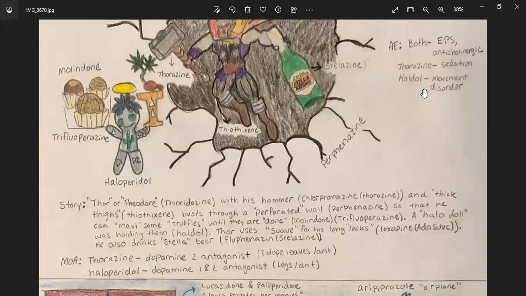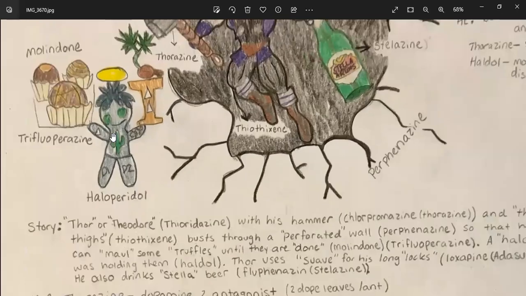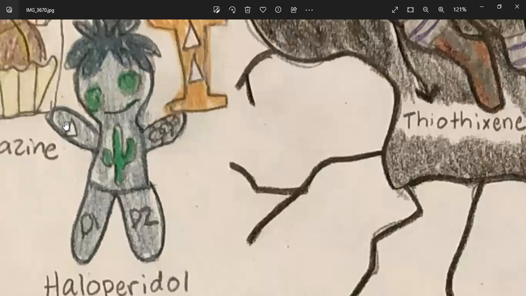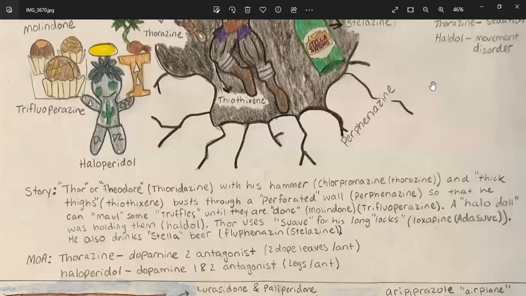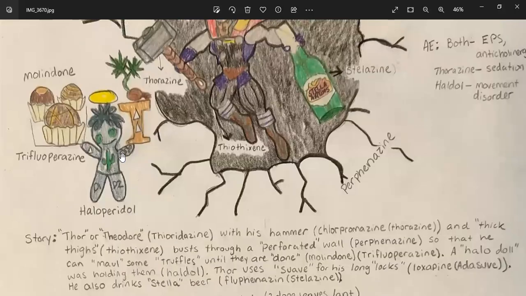And its adverse effects, again, are EPS, extrapyramidal symptoms, and that is shown here with the pyramids. Anticholinergic, again, there's a cactus, and then movement disorder, and that is not shown in the picture, but I suppose you could just think that dolls can't move on their own.